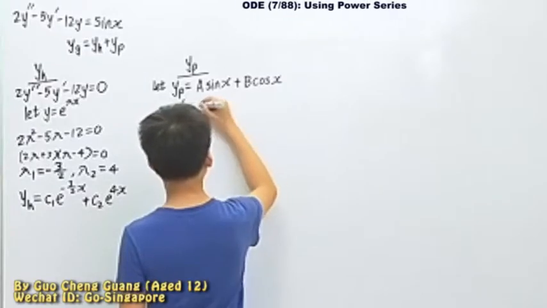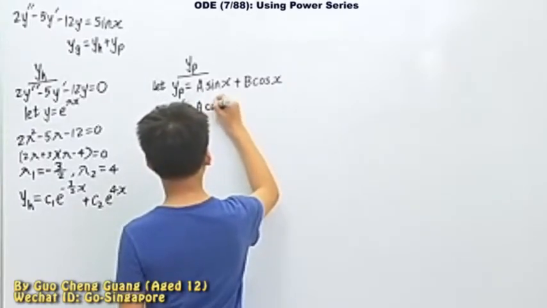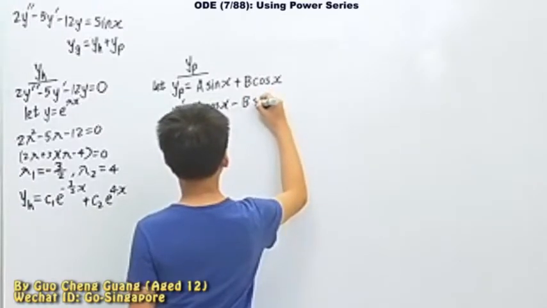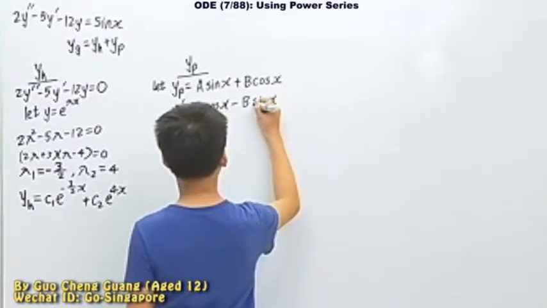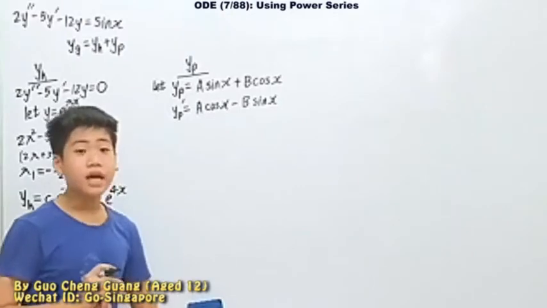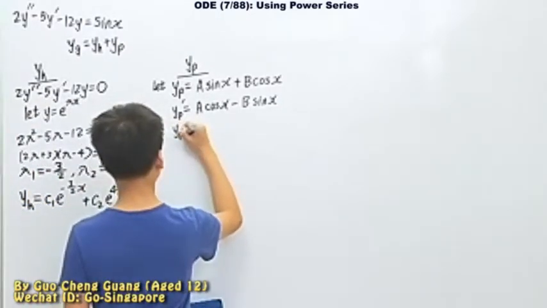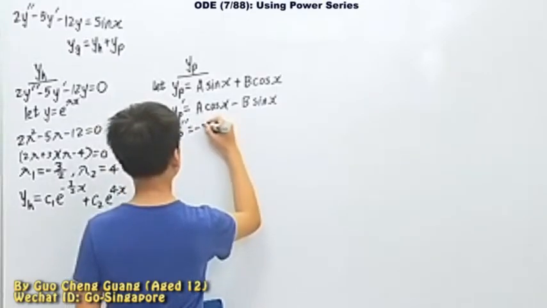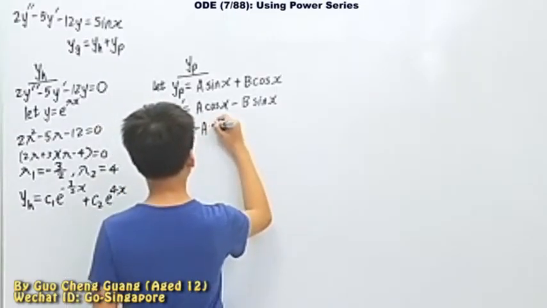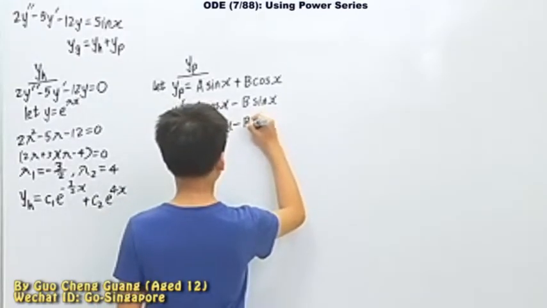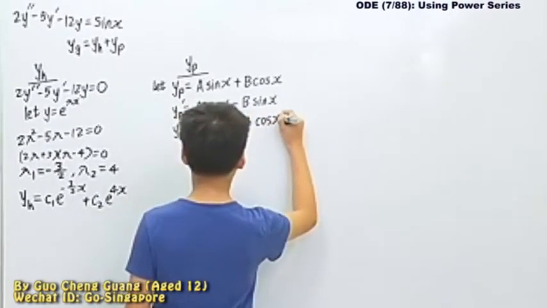Then the first derivative is A cosine x minus B sine x. Then after that we find the second derivative. So here you have negative A sine x minus B cosine x.